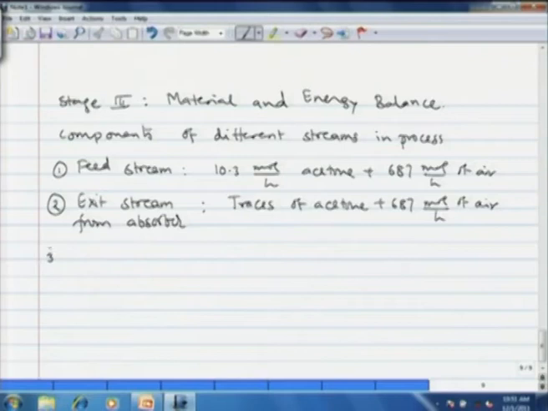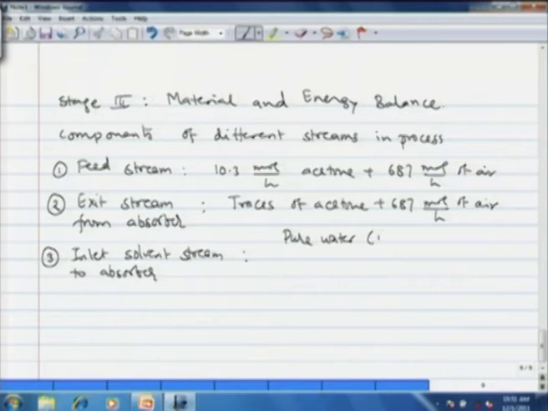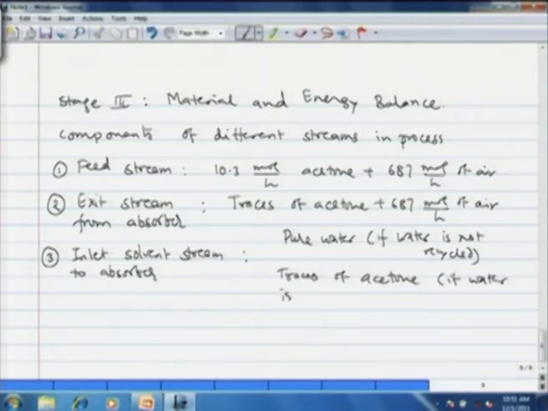Now, the inlet solvent stream to absorber, it will be pure water if water is not recycled, or it may contain some traces of acetone if water is recycled from distillation column.